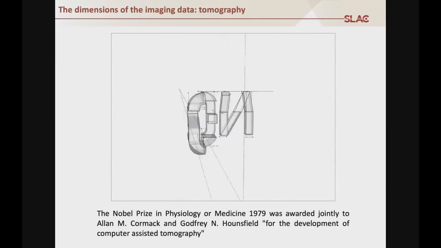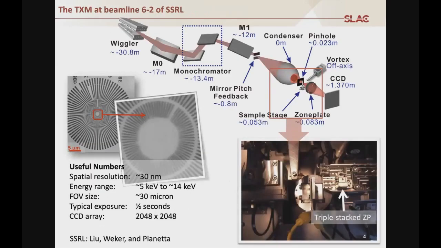Now let me start to be more specific and talk about this transmission X-ray microscope available at Beamline 6-2 of Stanford Synchrotron Radiation Light Source. If you look at this schematic drawing of this particular setup, you see that the X-rays come from the large-scale synchrotron, go through the wiggler, and then bounce through a number of mirrors before being focused by the condenser optics down to a few tens of micrometer scale for illumination of the sample.